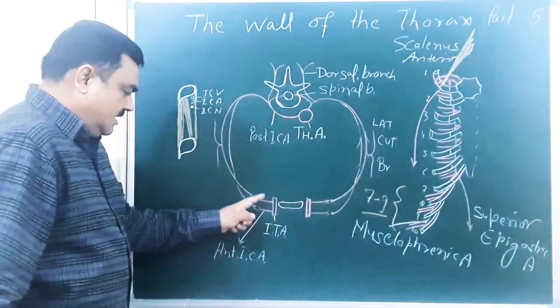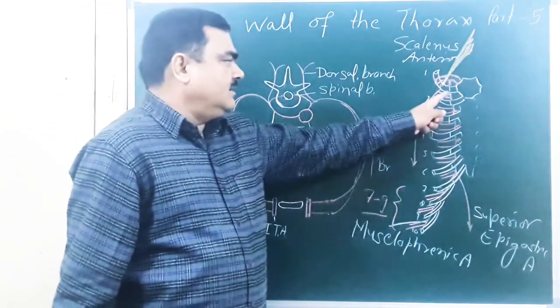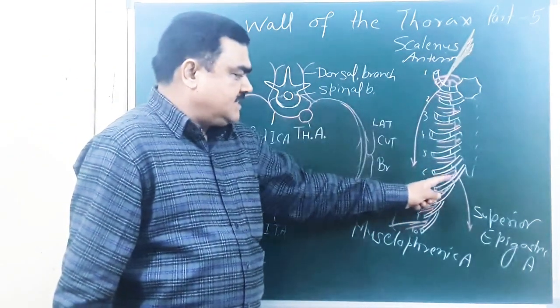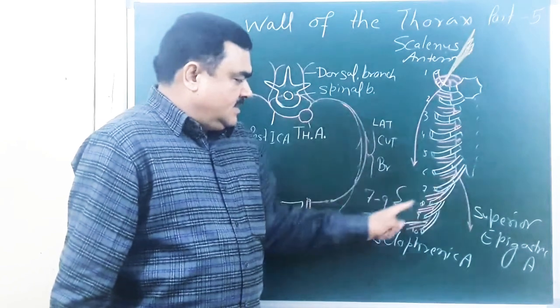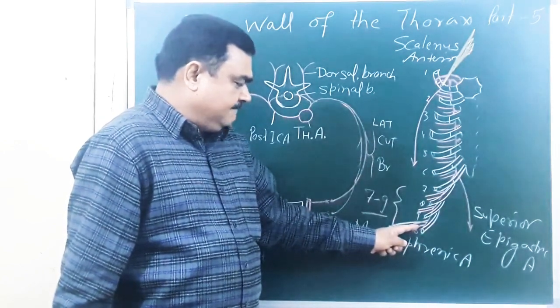Here you have seen that the anterior intercostal artery arises from the internal thoracic artery in the upper 6 spaces, and from the 7th to 9th space it arises from the musculophrenic artery.